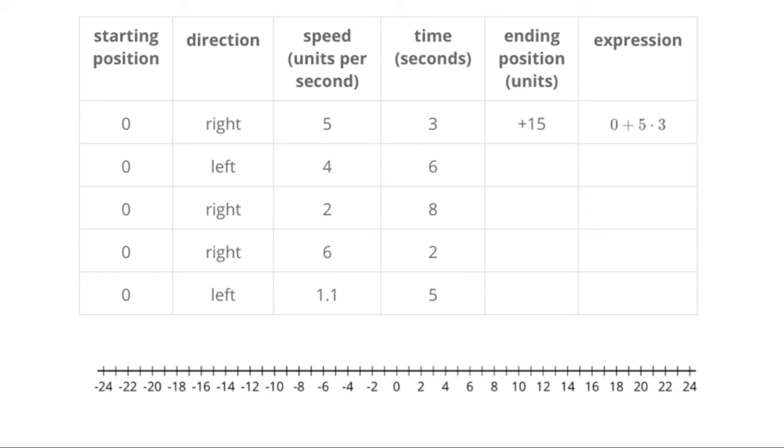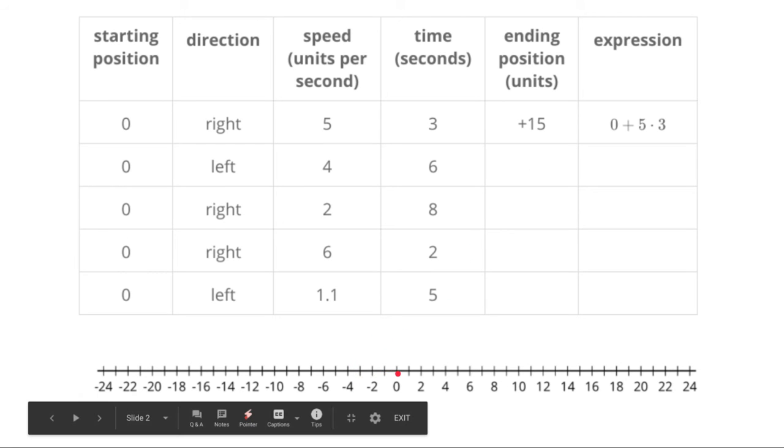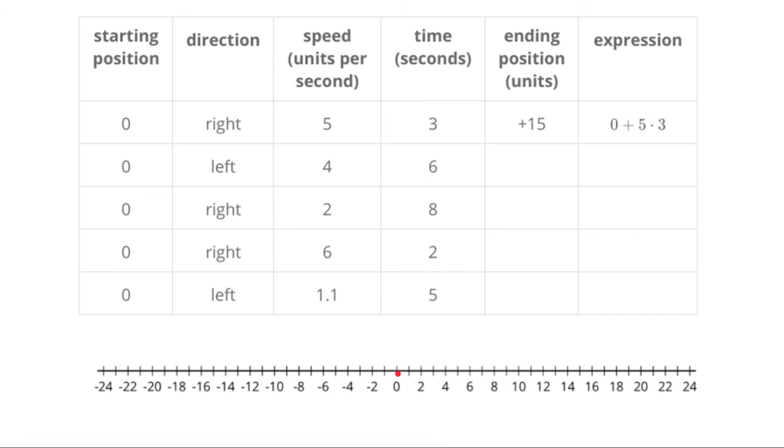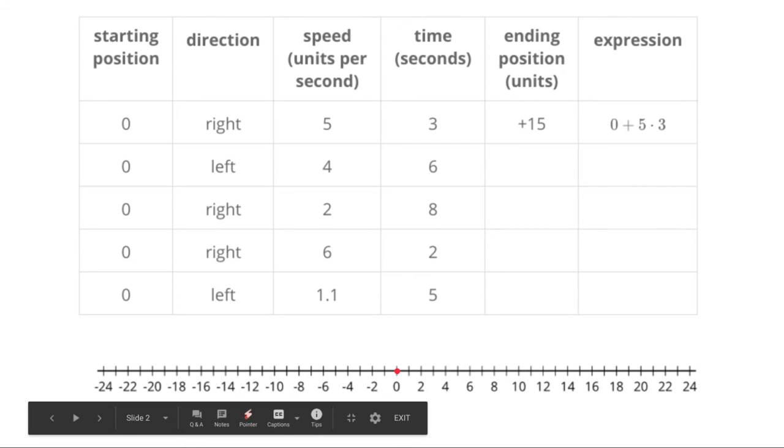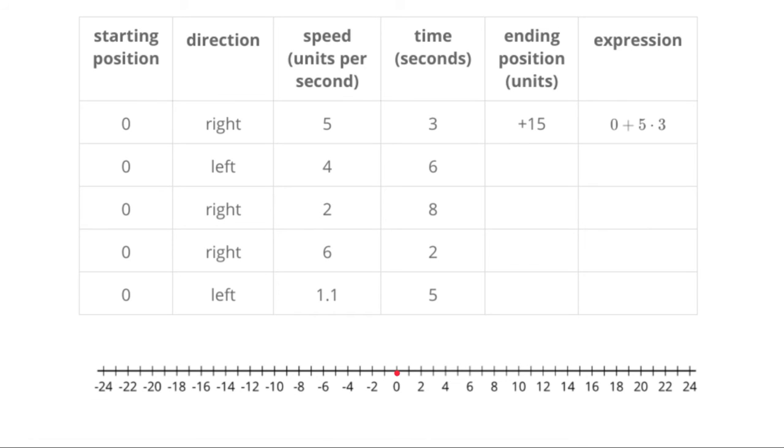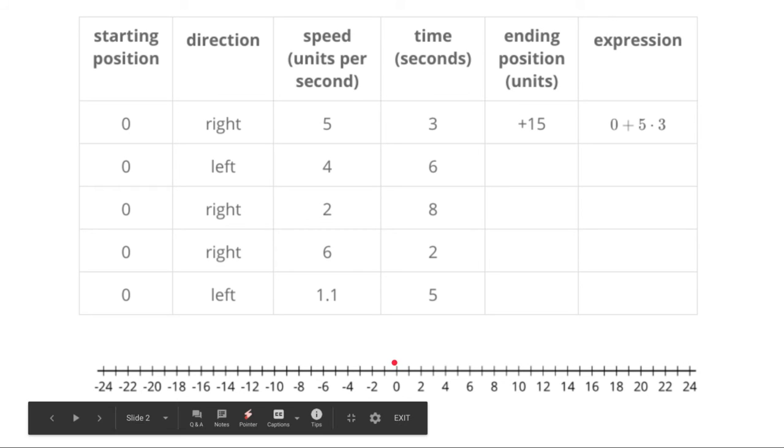Go ahead and pause the video for a minute and see if you can figure out the next one. I'll go through it with you real quick and then you can pause it. You're going to start at 0, and now it tells you to move to the left. You'll notice when we move to the left, we're going to be working with negative numbers. So if we start at 0 and we go 4 units 6 times for the 6 seconds, where do we end up?